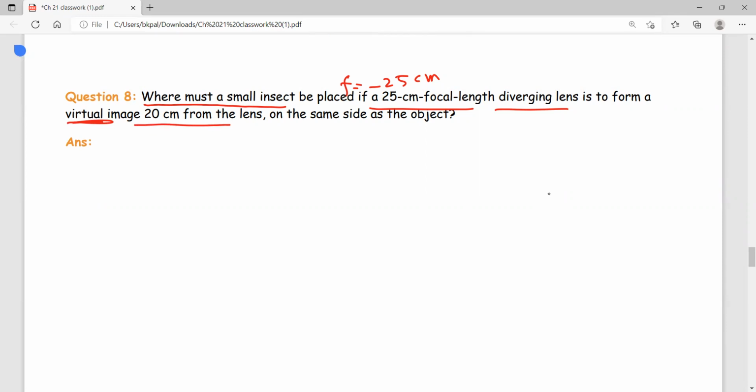Remember that for a virtual image, di is negative. We are not given the explicit sign, but you have to remember from the virtual image that the image distance will be negative in this case.